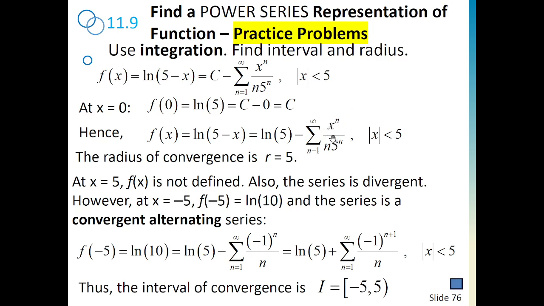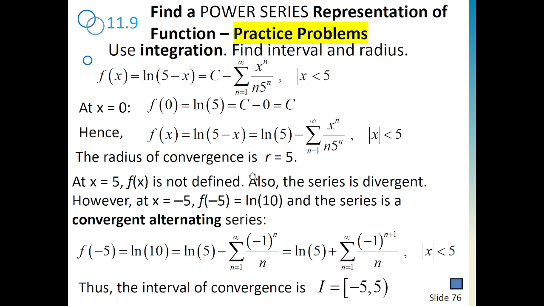So I'll have minus 1 to power n divided by n. That's an alternating harmonic series, so we know it's convergent. So I'll have ln 5 minus an alternating convergent series. We know that the value here is ln 2, but it doesn't matter. It just matters that it's convergent.